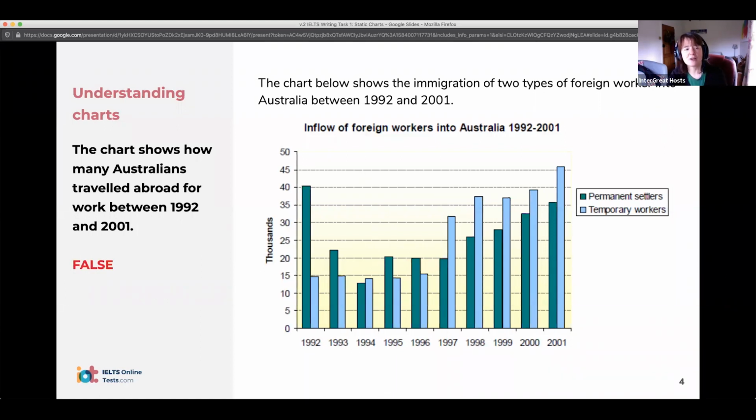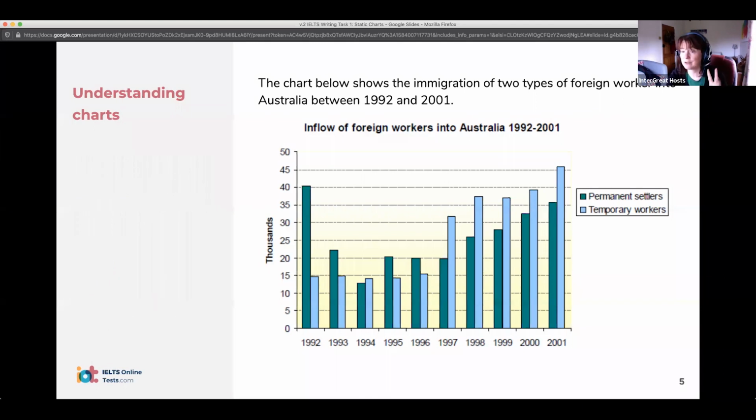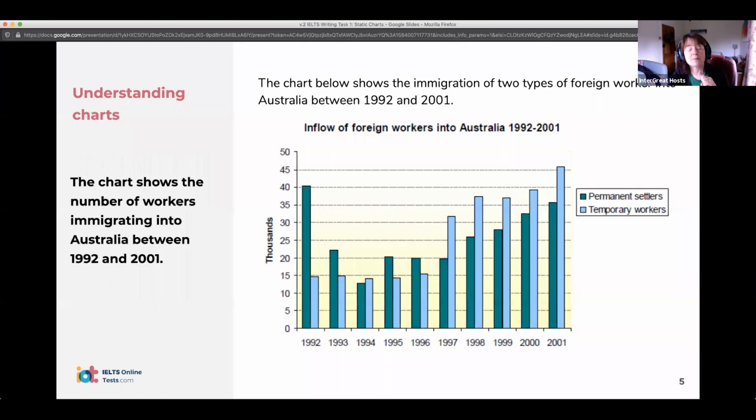We have the difference between immigration, so coming into the country, and emigration, which is going out of the country. Those words can be quite easily confused. And yes, you're right, Puang, it's not travel, it's work. So what about the next one?